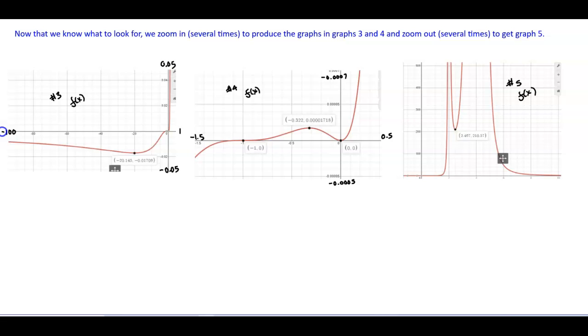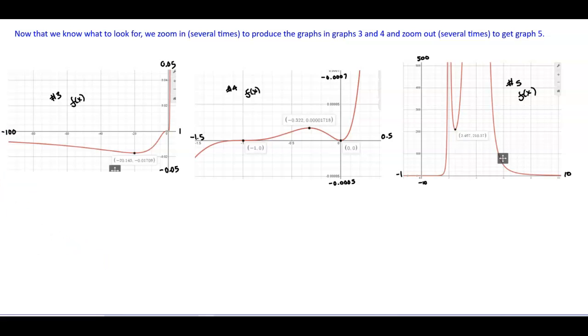And for number 5, the viewing rectangle had gone from -1 to 10, and then from negative 10 to 500.